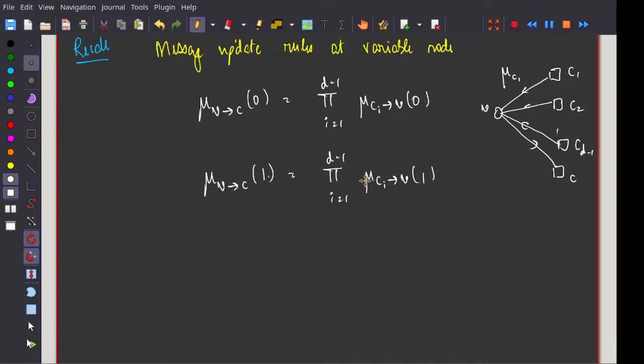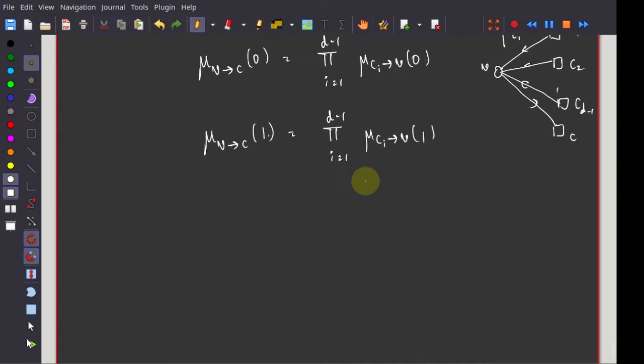Now this is basically a vector, but we'll try to simplify this somewhat. What do we do? Let me take the ratio of these two equations. I'll call it r v to c, which is mu v to c of 0 divided by mu v to c of 1.